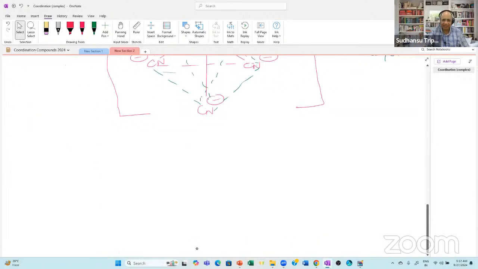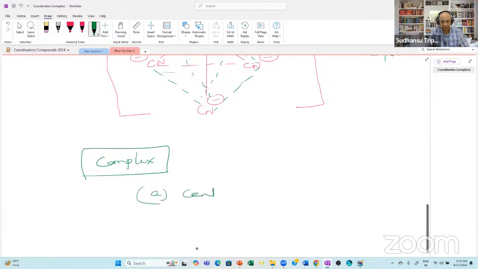Now let us proceed. So we know that an inorganic complex has two parts. One is the central metal, as I have already written, or metal ion or atom.